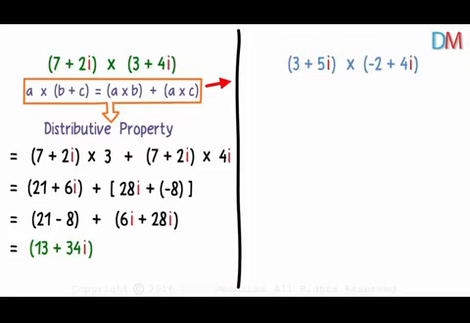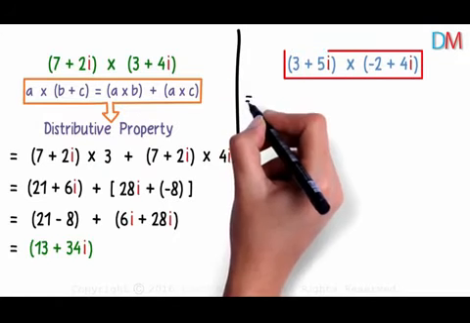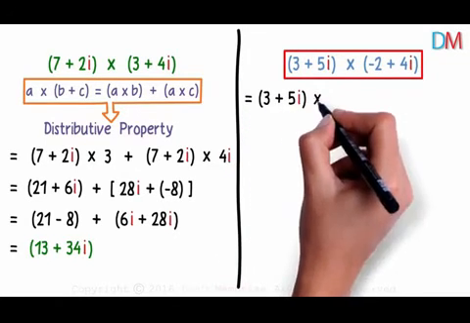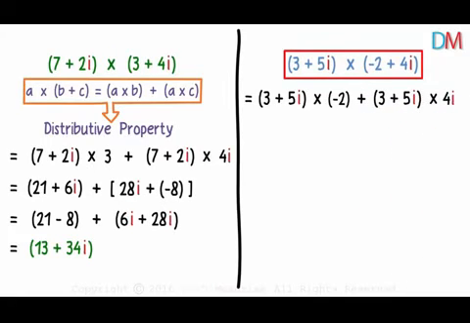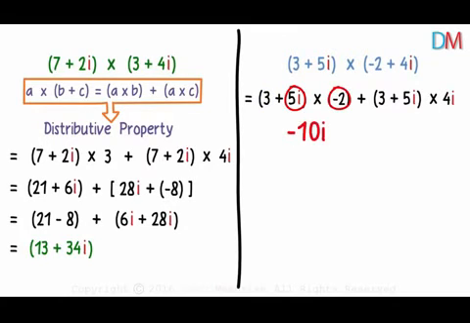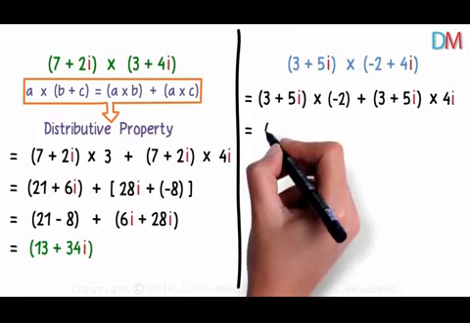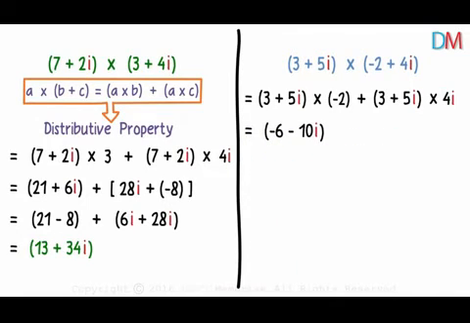We can use the distribution property here to write this as 3 plus 5i times negative 2 plus 3 plus 5i times 4i. 3 times negative 2 is negative 6 and 5i times negative 2 is negative 10i. We get negative 6 minus 10i.